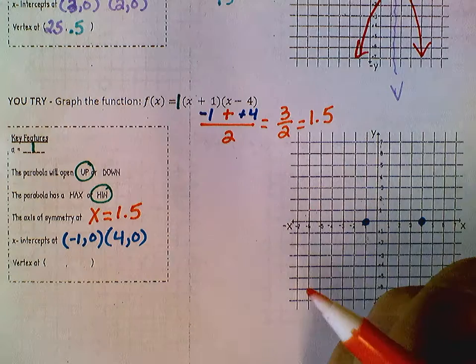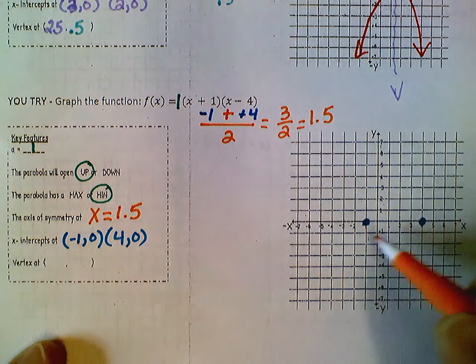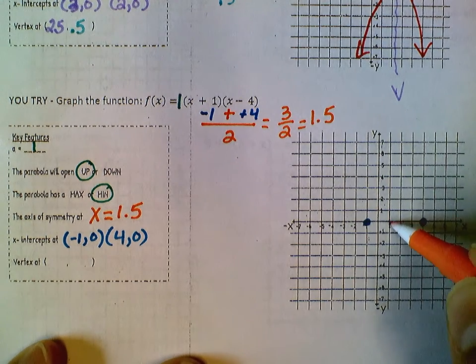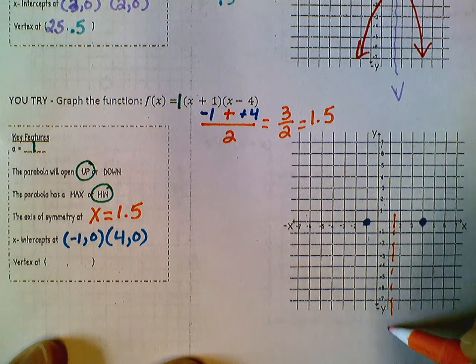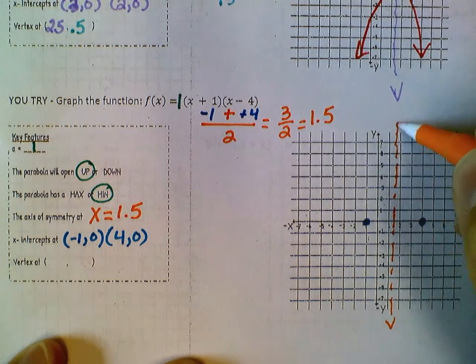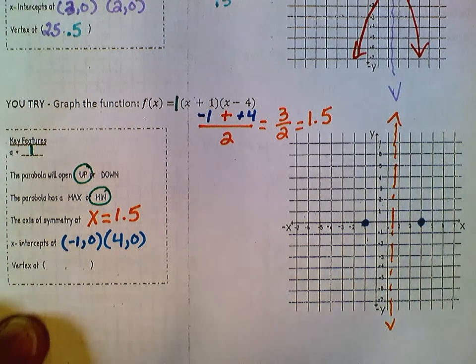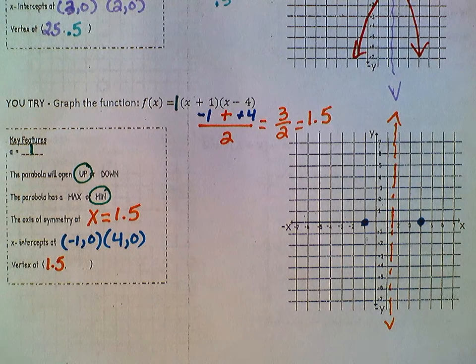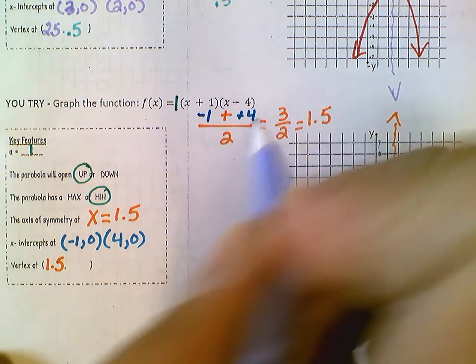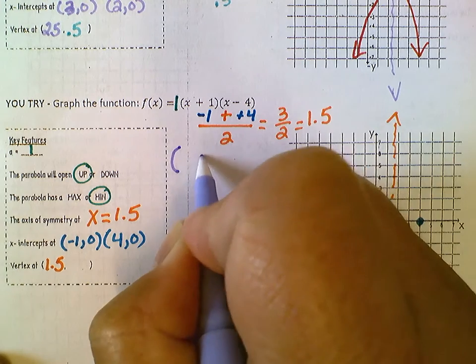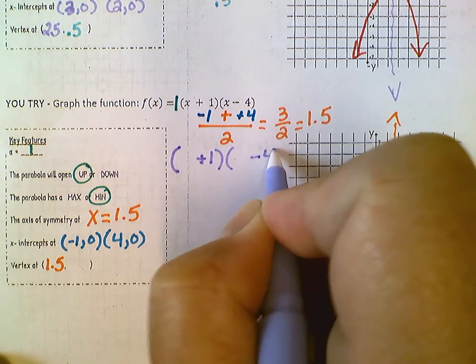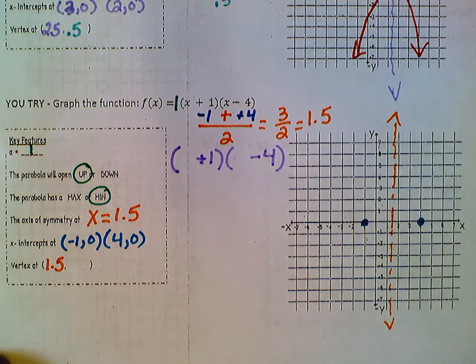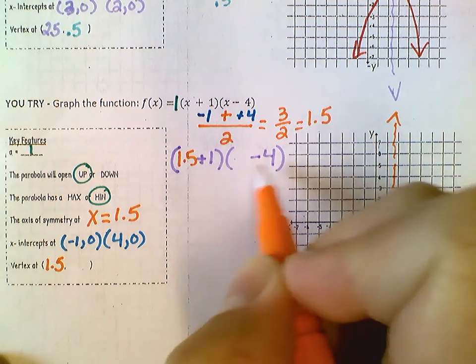Now remember, when I do this, it should be in between these 2 points. So I go to 1.5 and I draw my line, and I did a good job because it is in the center of these 2 points. Since I have the axis of symmetry, I also have the x value of my vertex. So if I plug that in, I have x plus 1 times x minus 4, and I'm substituting that 1.5.